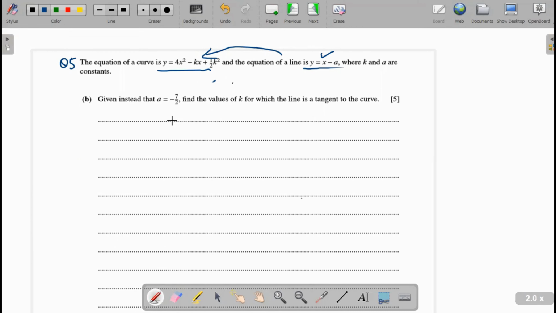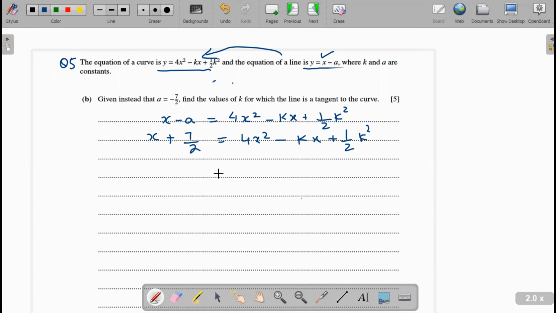Now y equals x minus a, and y equals 4x square minus kx plus 1 over 2 k square. We write this and put the value of a, minus 7 over 2, so it becomes plus 7 over 2, and 4x square minus kx plus 1 over 2 k square.